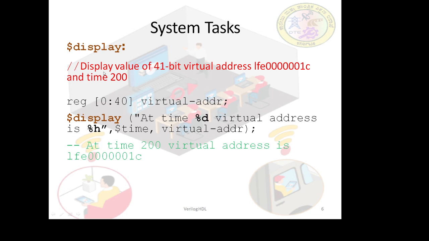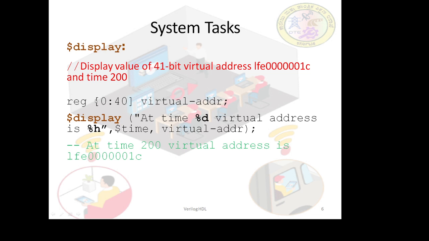Let us assume we want to display the value of a 41-bit virtual address, wherein the address is 1FE followed by 6 zeros, 1C, at simulation time 200 units.